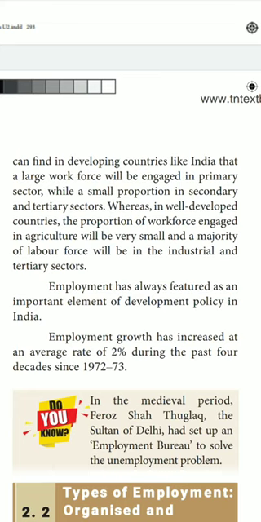In 1972-73, what was the average rate of increase? Only 2%. The employment growth has increased at an average rate of 2% during the past 4 decades since 1972-73. So once again we can recall employment in India and Tamil Nadu.